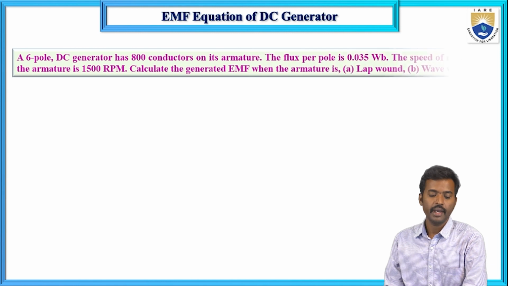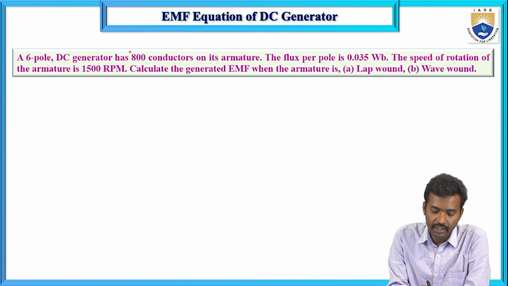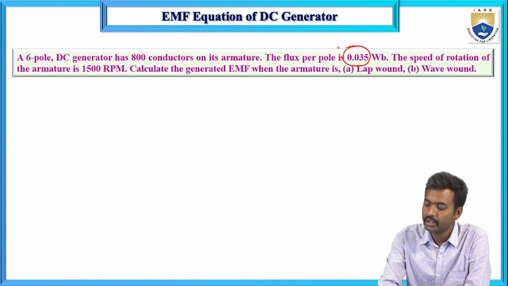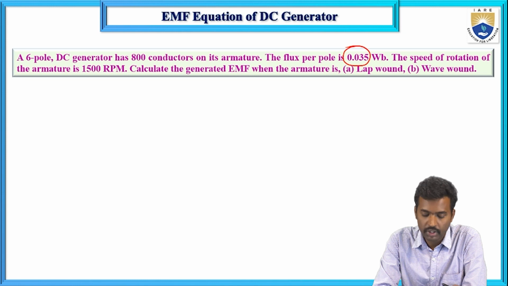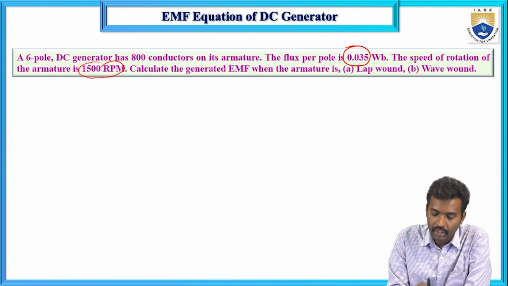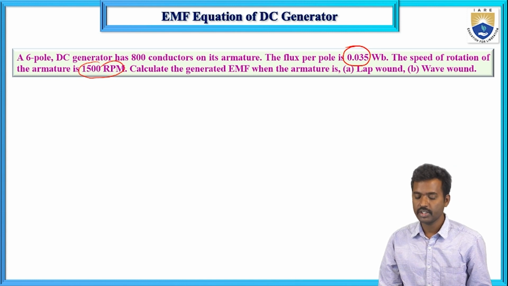Next, a 6-pole DC generator has 800 conductors on its armature, and the flux per pole is 0.35 Webers, and the speed of rotation of the armature is 1500 RPM. Calculate the induced EMF when it is lap wound and when it is wave wound.